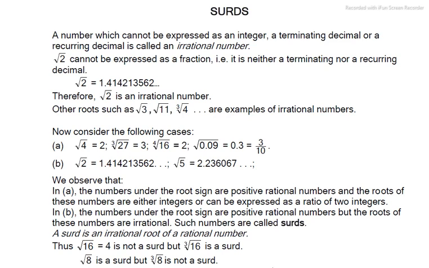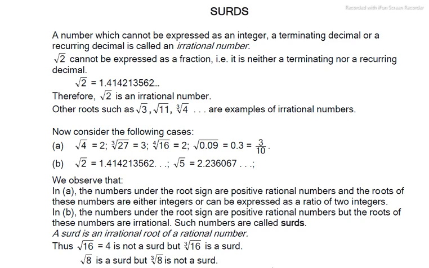For instance, if we get the root of 4, we know the root of 4 is 2, either positive or negative, and that is what we call an integer, because we know that integers are either positive or negative numbers. So the root of 4 gives us an integer. Therefore, it is a rational number.